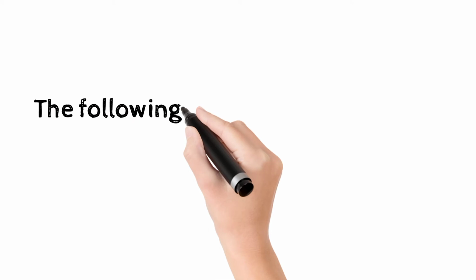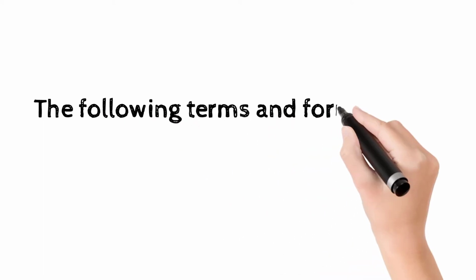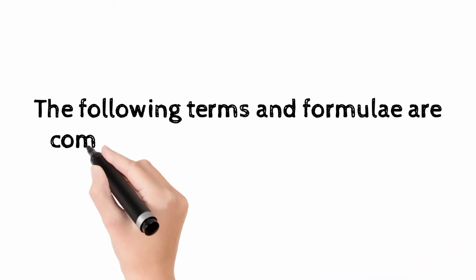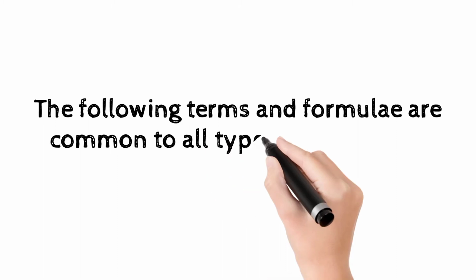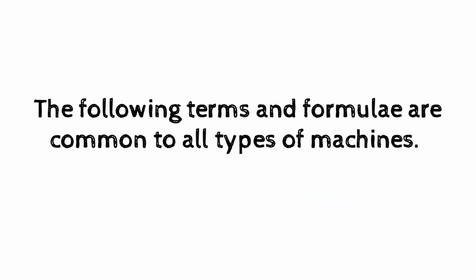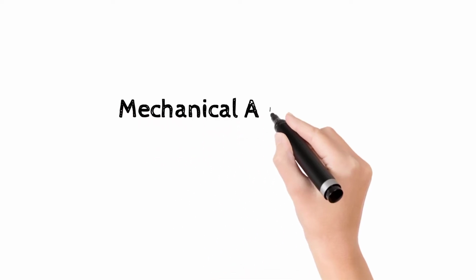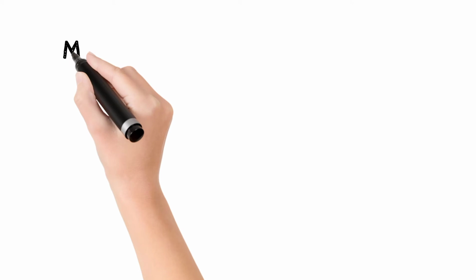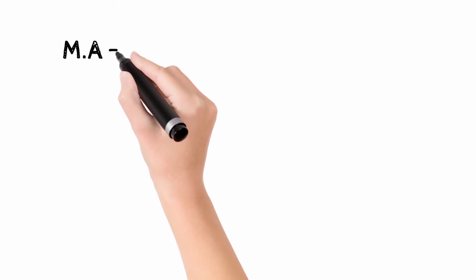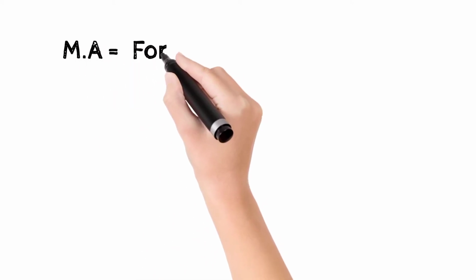Now, let's look at some terms that are used in describing all types of machines. Number one is the mechanical advantage. Mechanical advantage is the ratio of load to the effort.